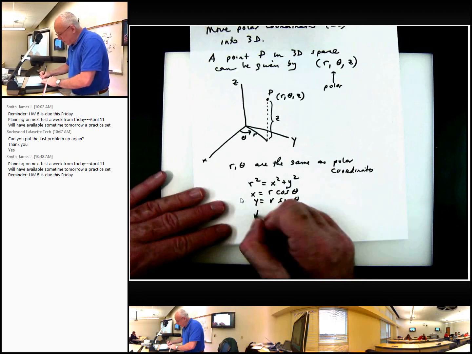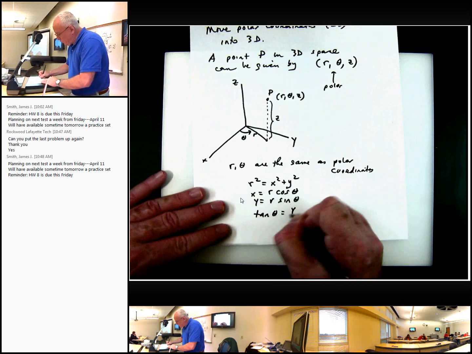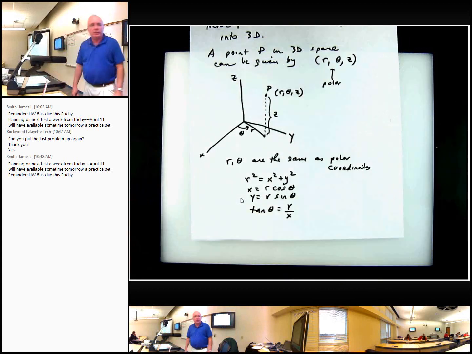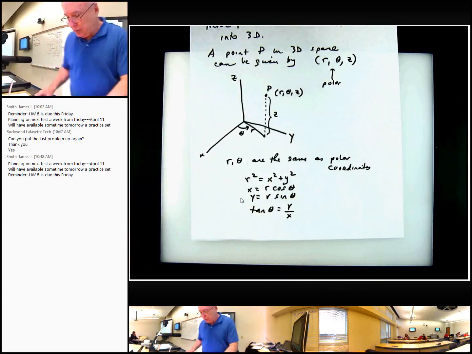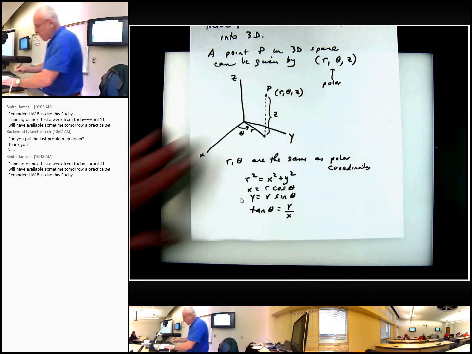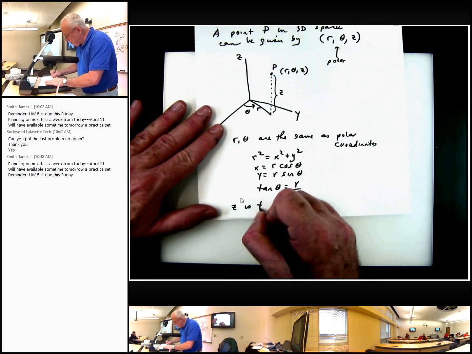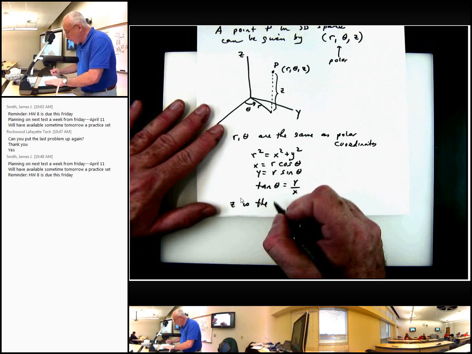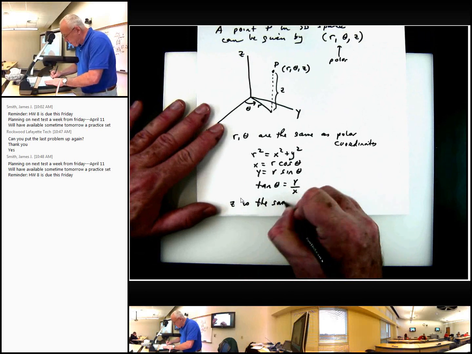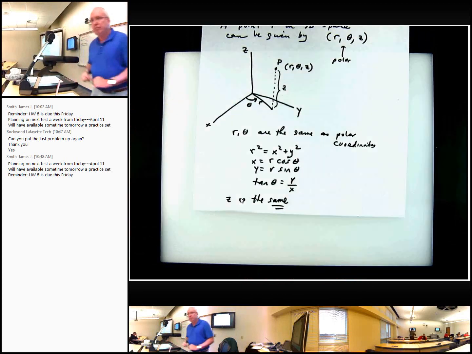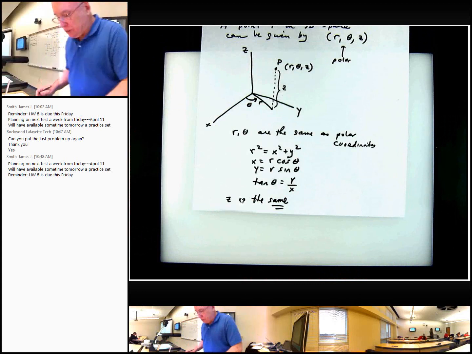And finally, the tangent of theta is y over x. So those are the same relationships that we had seen previously. Now, z is the same as the z coordinate in the rectangular system. z is the same. Okay, it's just the distance from the xy plane.